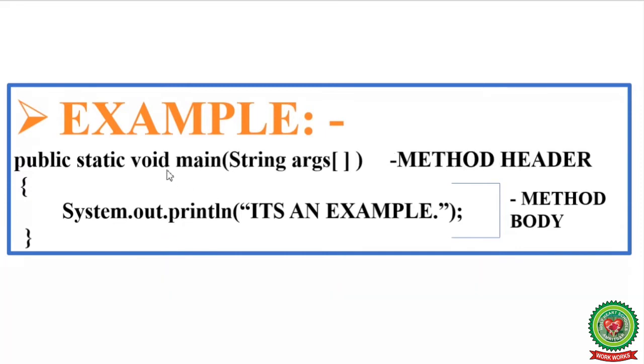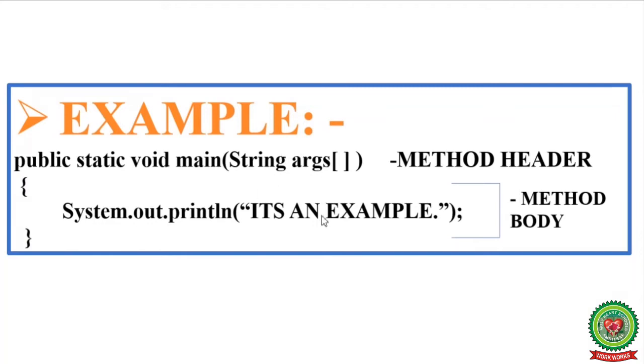Students, in your program, you use the main method, where you write the set of instructions to be executed. Like in the example, I wrote System.out.println, it's an example. So this full public static void main(String[] args), the bracket, then System.out.println, it's an example, then the bracket closes.